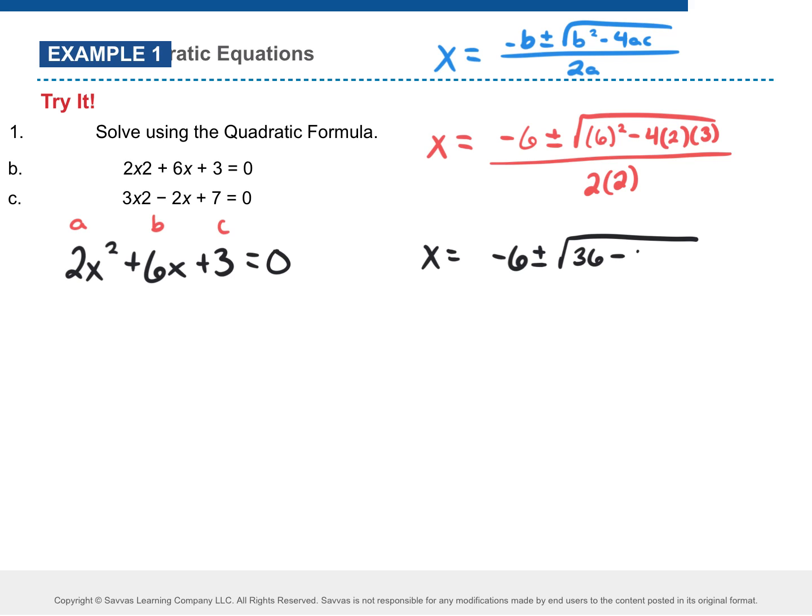Multiply. So we get negative 24, divided by what's 2 times 2? 4. What can I do here? What's 36 minus 24? 12 divided by 4. Is that our answer?